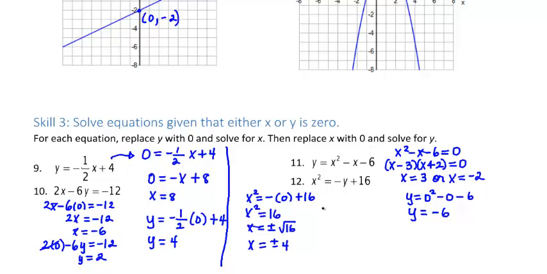Now when x is 0, we would get 0 squared equals negative y plus 16. 0 squared is simply 0. We add y to each side to get y equals 16.